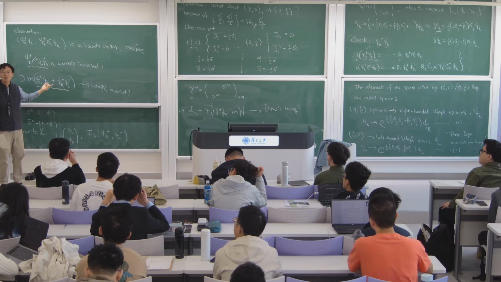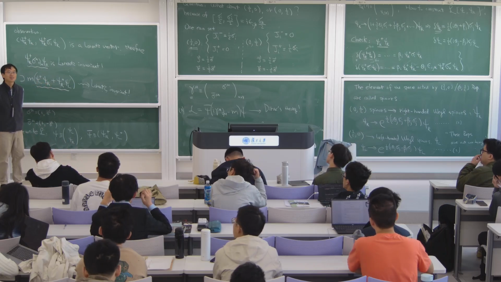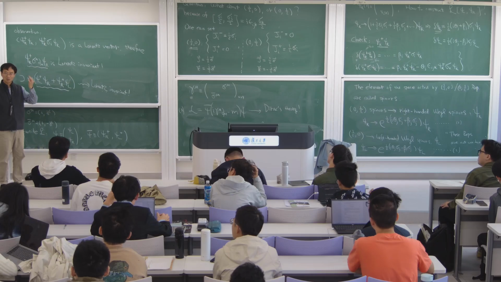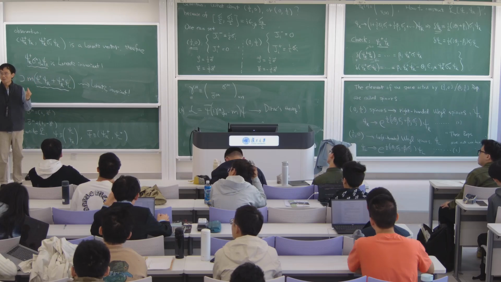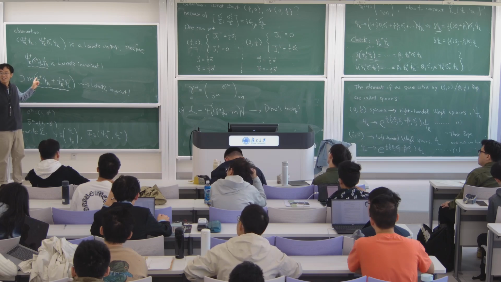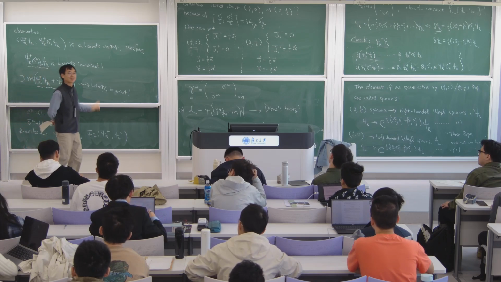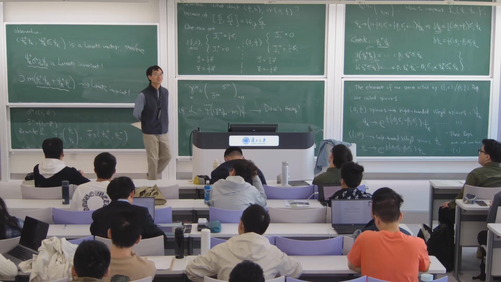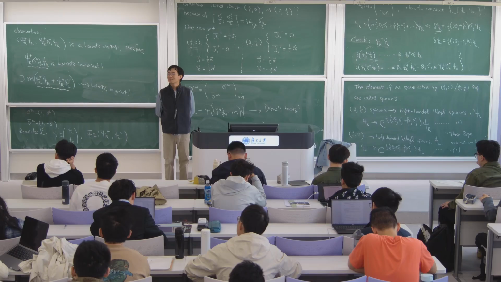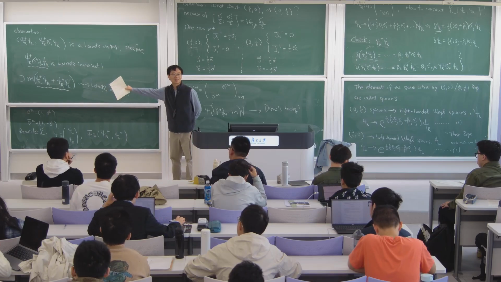In all the previous examples, including the free scalar and Maxwell, the kinetic term has two derivatives. But this time only a single derivative. You see it? Then you should ask yourself, why does this make sense? Does anybody know the answer? Why does this single derivative make sense here?